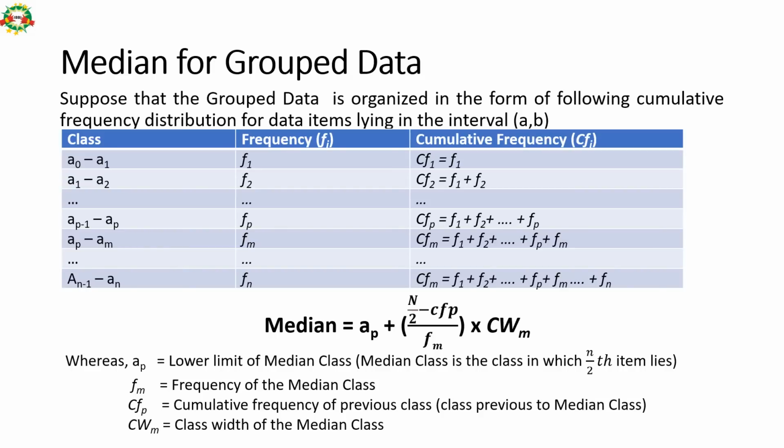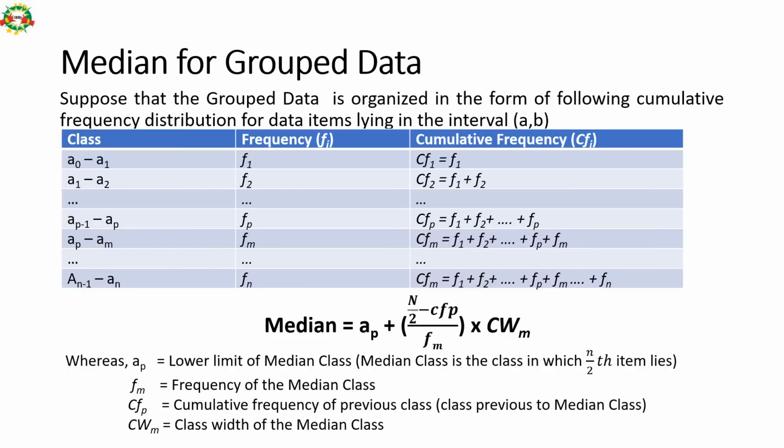There could also be grouped data for which the examiner may ask you to calculate the median. If we have grouped data, it will have a cumulative frequency distribution table like this. First is the class interval, this is the frequency, and then the cumulative frequency.